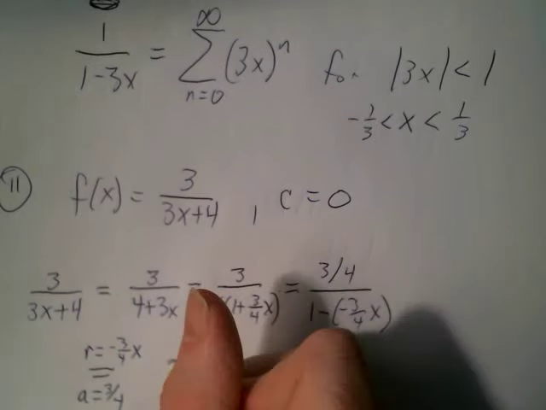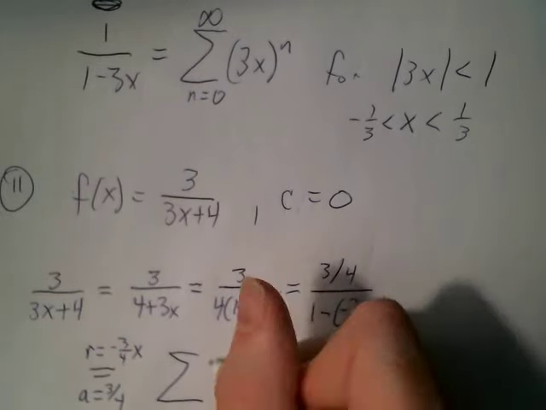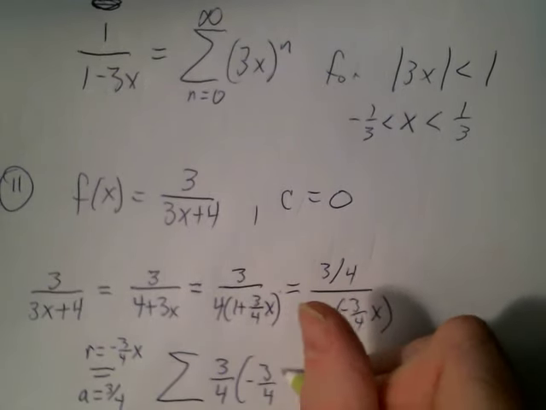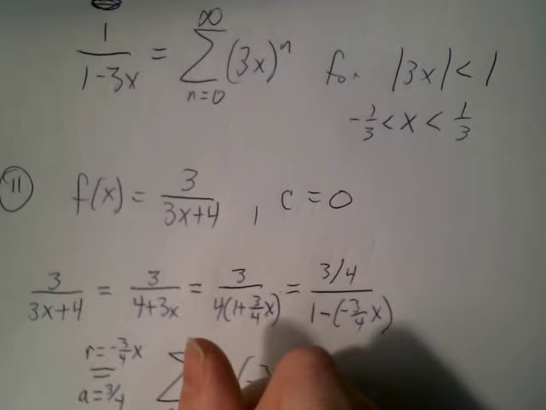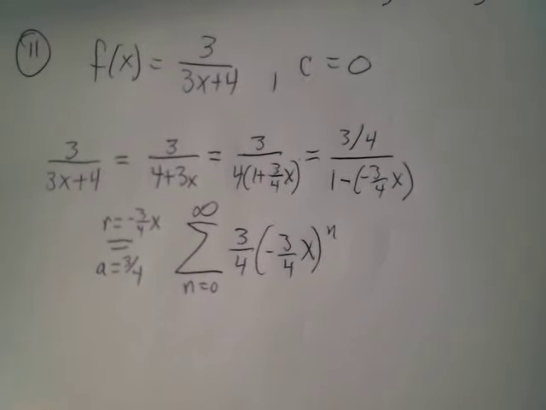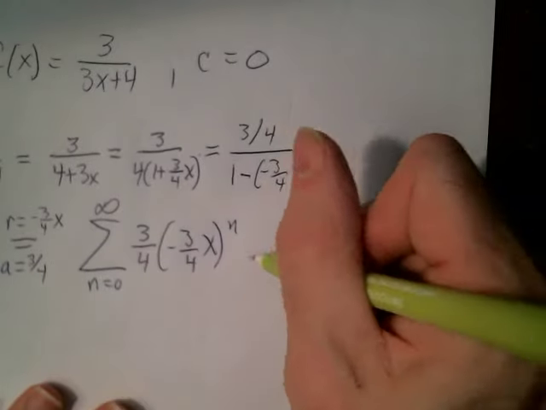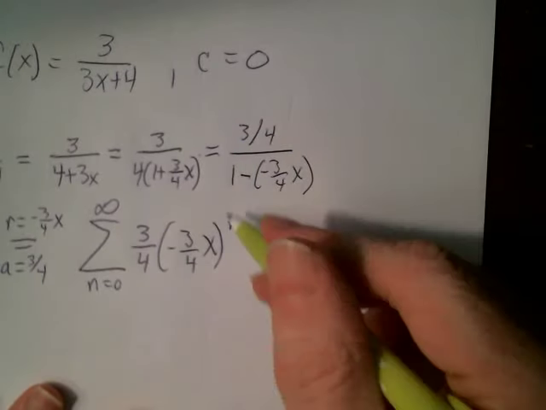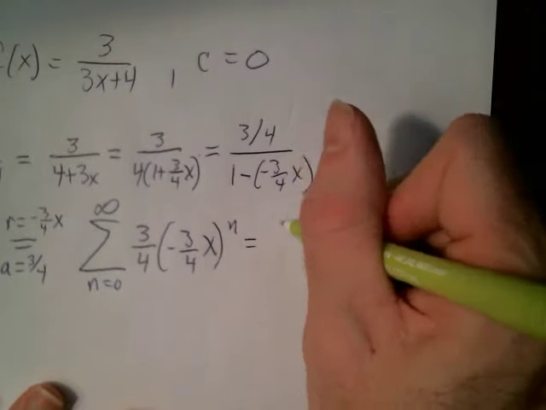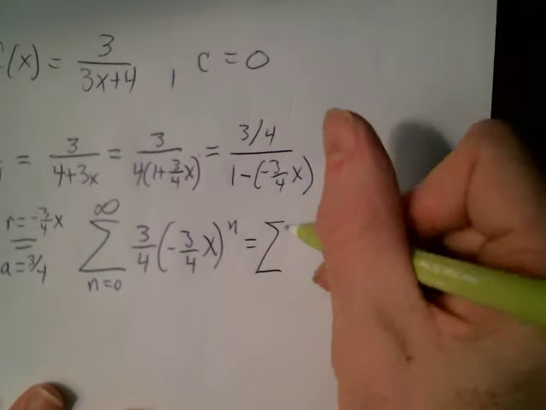And then finally, our power series will be 3/4 times negative 3/4 x to the n from n equals 0 to infinity. Okay, I probably want you to rewrite it and make it look a little prettier. You can use the power of a product rule.